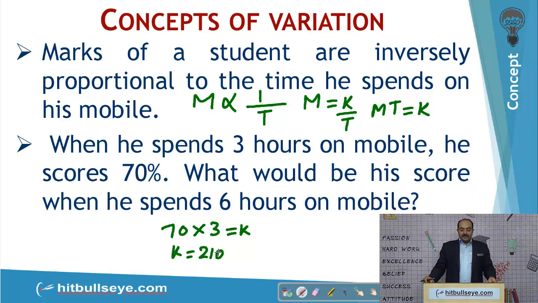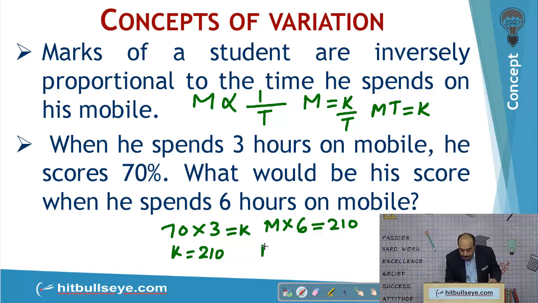Now what would be his score when he spends 6 hours, which means we need to find the score when he spends 6 hours, and we know the value of the constant, which is 210, gives us marks as 35%. This is the reverse ratio. Let's have some more questions.